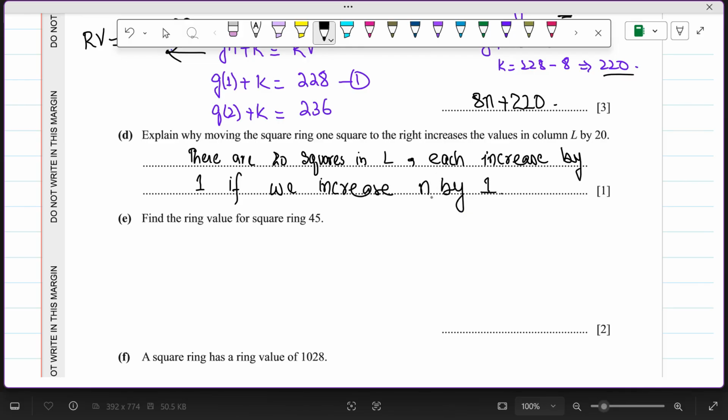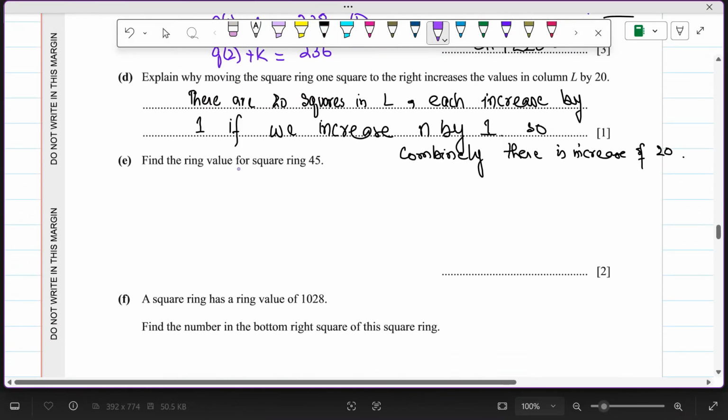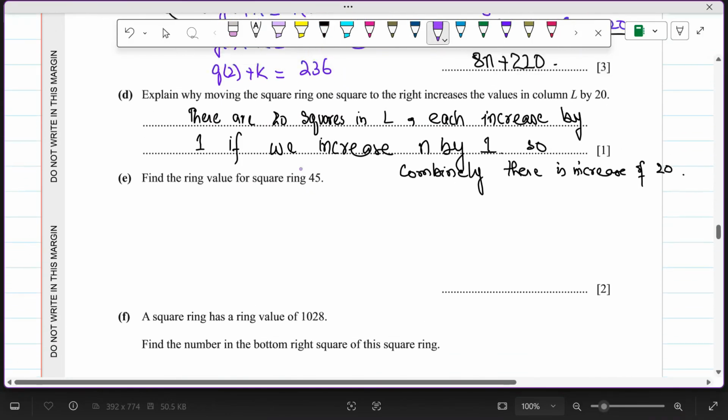Okay, when we increase n from 1 to 2, combinedly there is an increase of 20.